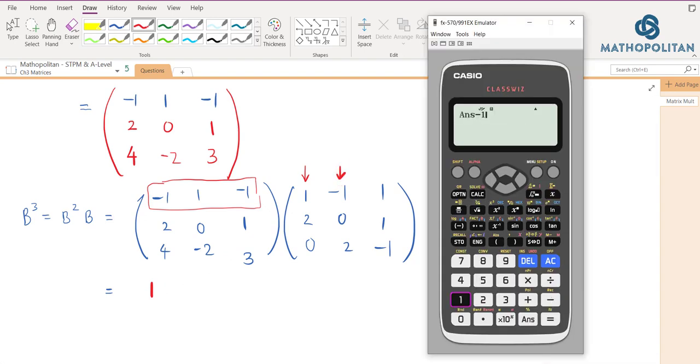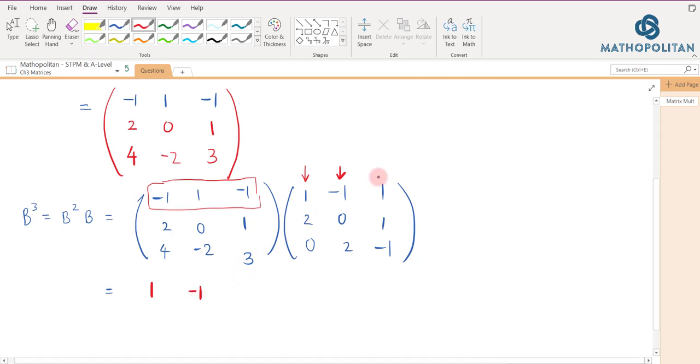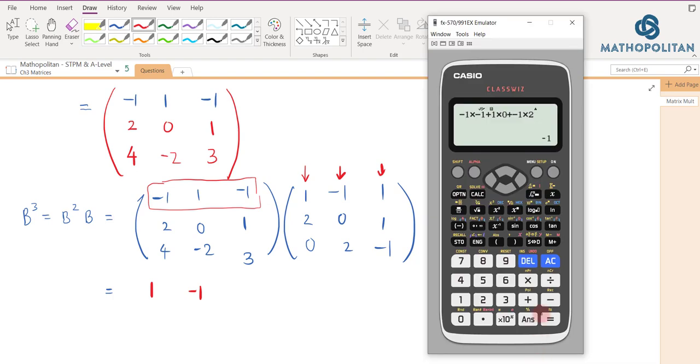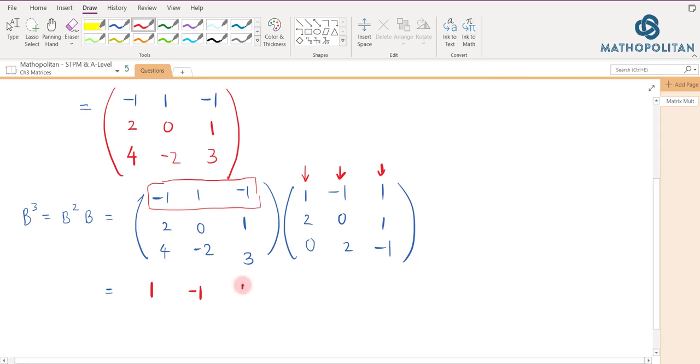Negative 1 times negative 1 plus 1 times 0 plus negative 1 times 2. So that's negative 1. And for the last column, this is negative 1 times 1 plus 1 times 1 plus negative 1 times negative 1. That is equal to 1.